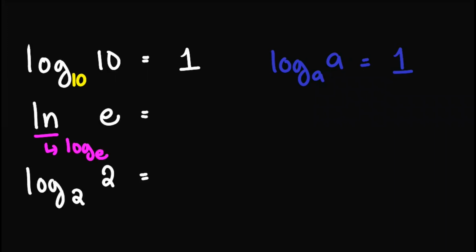Therefore, this one is simply 1. For the last one, since this one is 2 and this one is 2, therefore, by the property that we had, this is simply 1. So pretty straightforward.